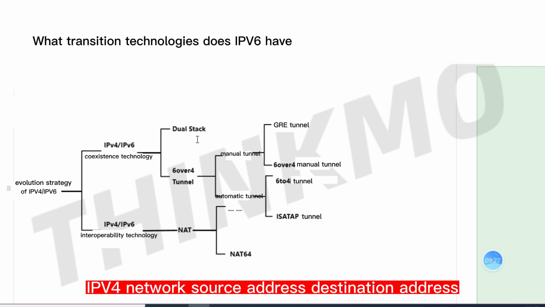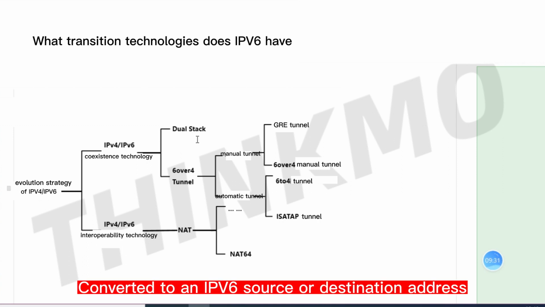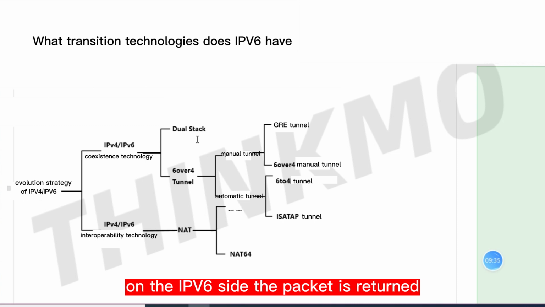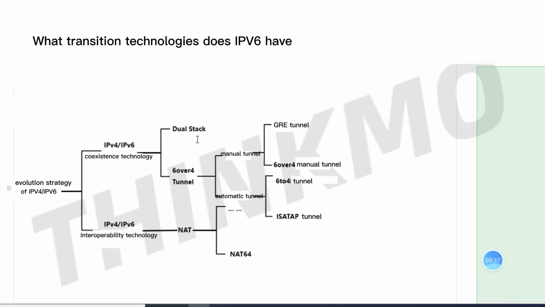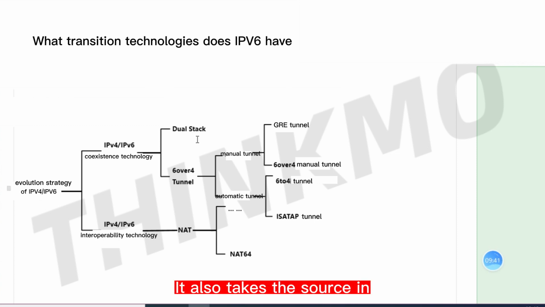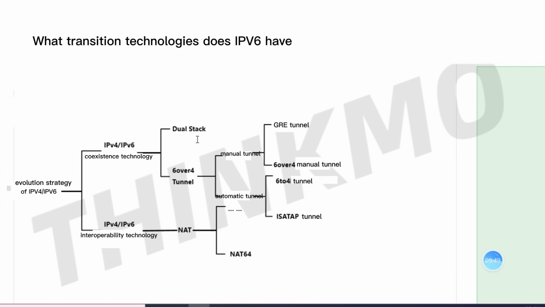The IPv4 network source and destination addresses are converted to IPv6 source and destination addresses. On the IPv6 side, when the packet is returned, the process also takes the source and destination addresses of IPv6 and translates them into the corresponding IPv4 source and destination addresses.